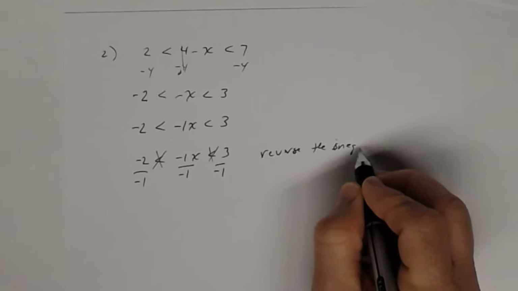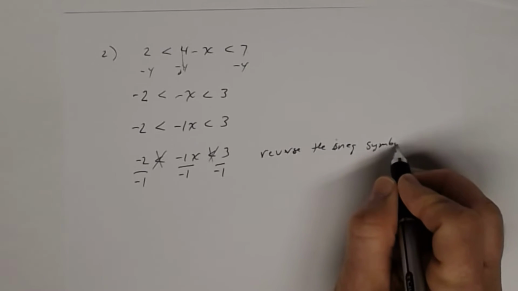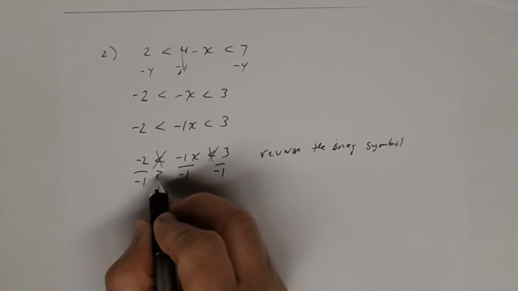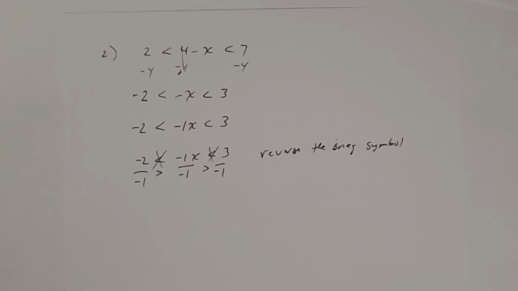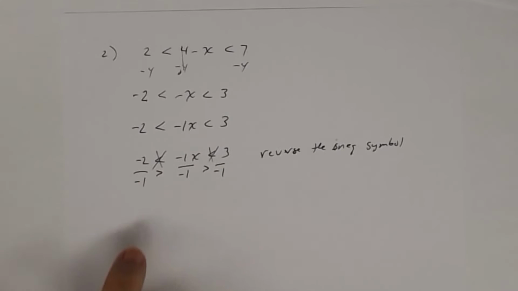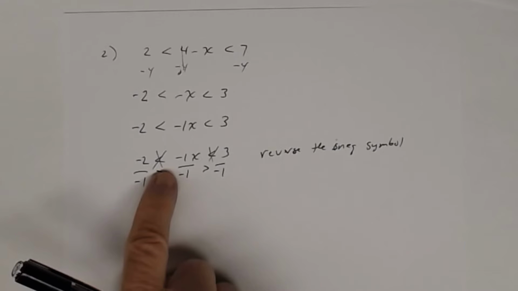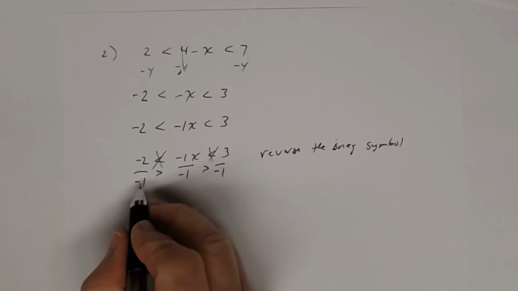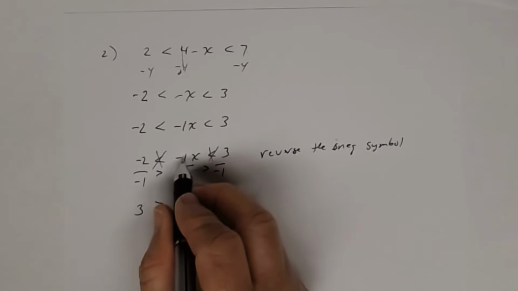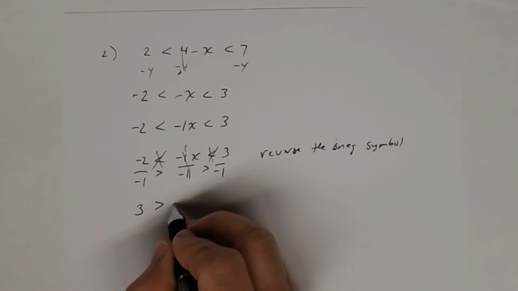So we have negative 2 divided by negative 1. So basically this will be a greater than and a greater than. So that's how you're going to rewrite it. Since I divided all parts by a negative number, I have to reverse the symbol. So negative 2 divided by negative 1 is 3. So 3 is greater than x, because negative 1 divided by negative 1 is 1, and 1 times x is x.